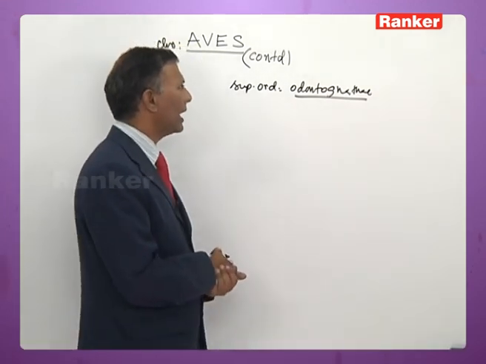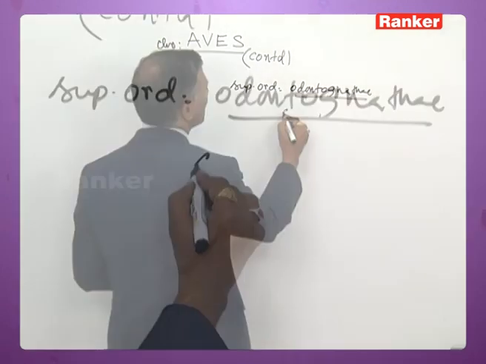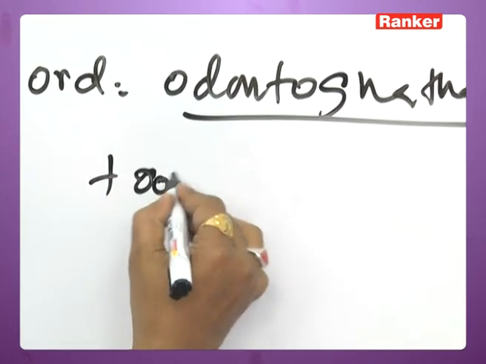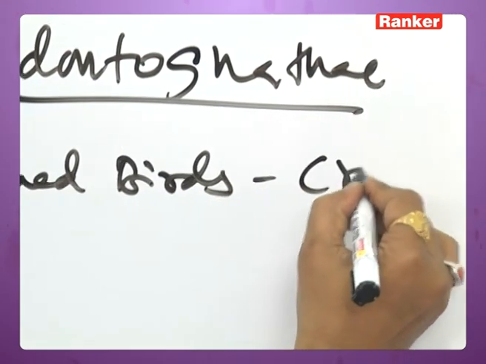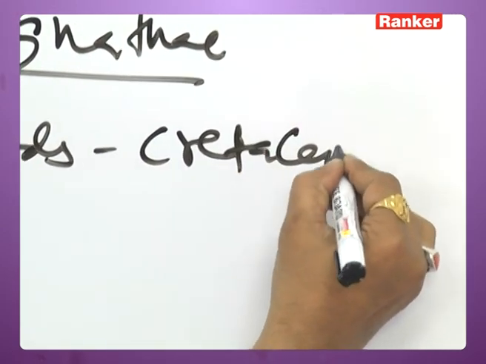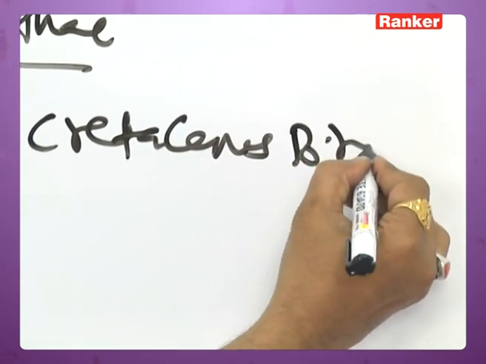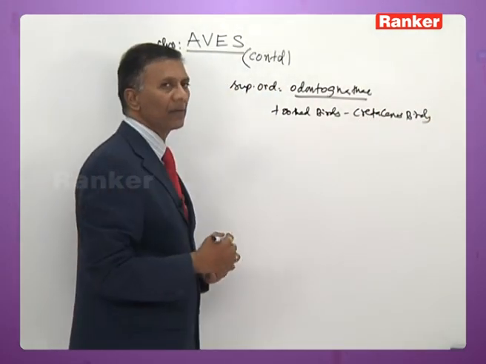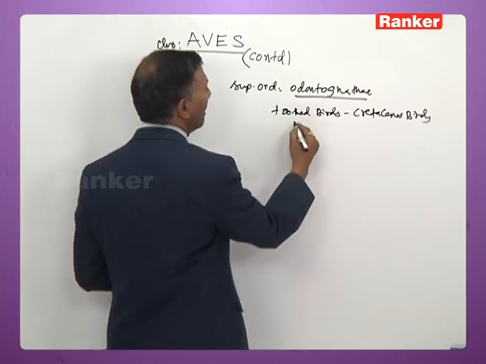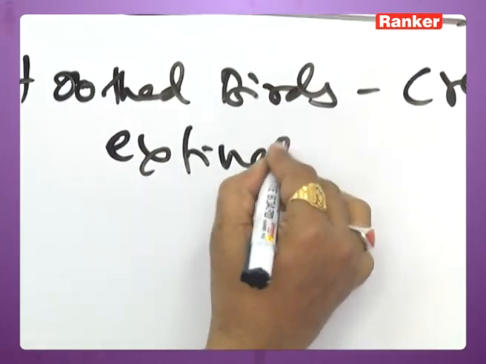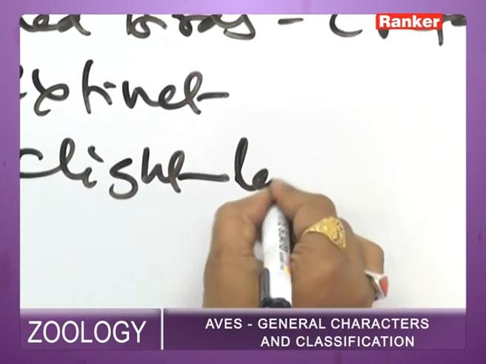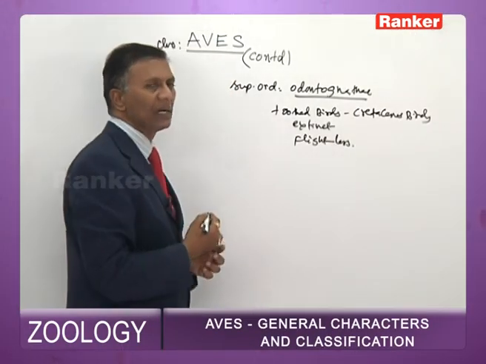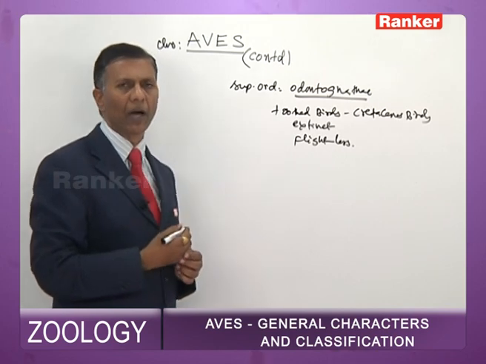Now Odontognathae includes toothed birds of the Cretaceous period, and they became extinct. They are all flightless birds, some are marine and some are terrestrial.